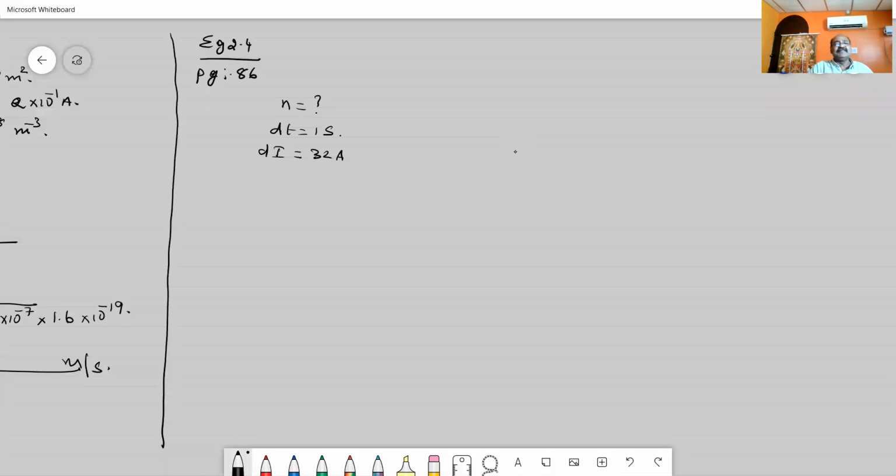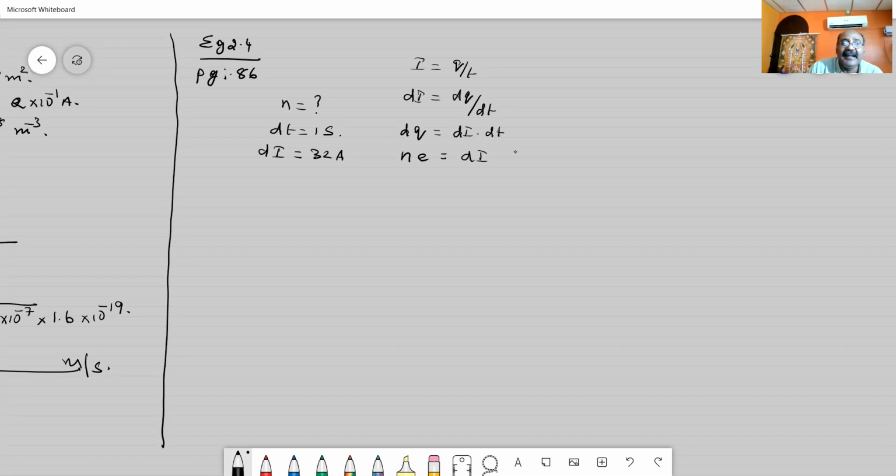How to calculate this? We know that the current I is equal to Q divided by t, or dI is equal to dq divided by dt. So dq can be written as I into dt. According to quantization of electrical charges, Q is equal to the number of electrons multiplied with e, so n into e equals I into dt.